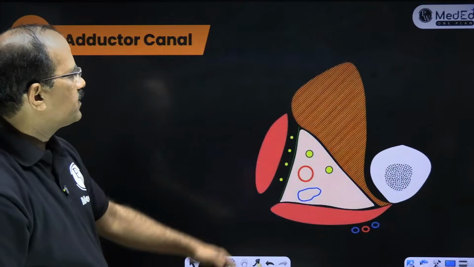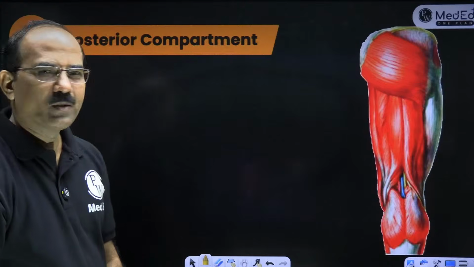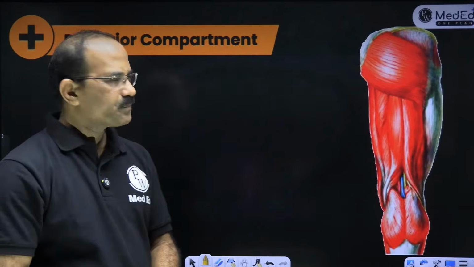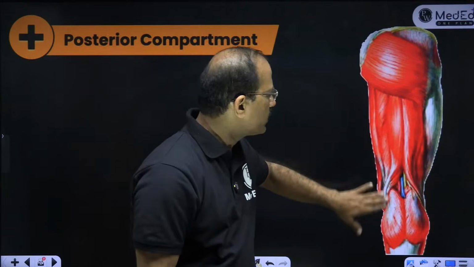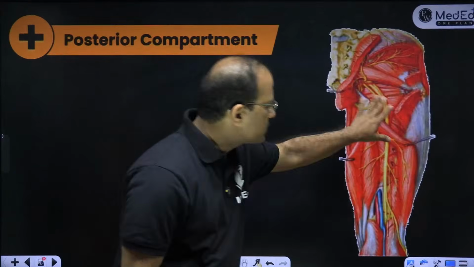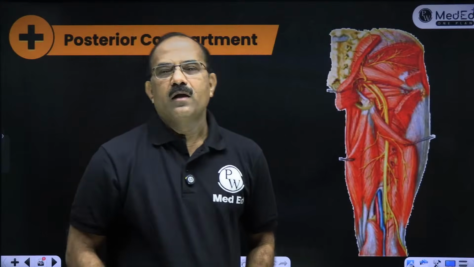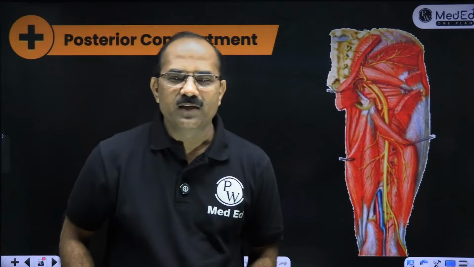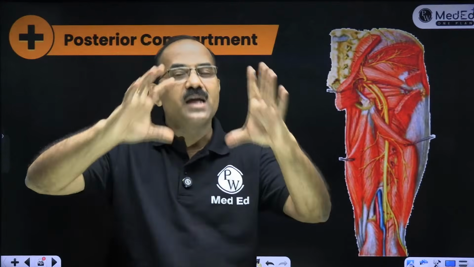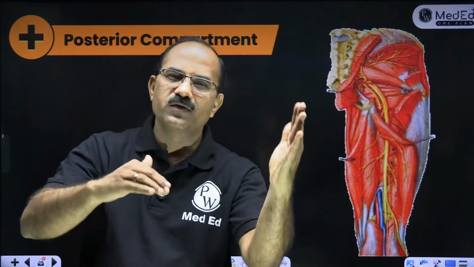Okay, that's it. Now coming to the posterior compartment, it is easy. Again, posterior compartment, what is this group of muscles known as? Hamstrings. When do you call a muscle a hamstring? I have told this. Origin, insertion, nerve supply, action.